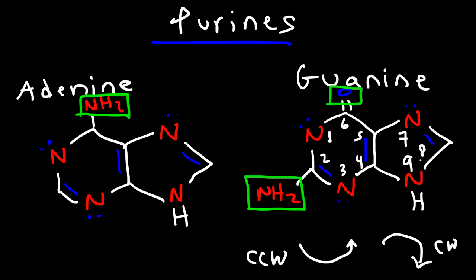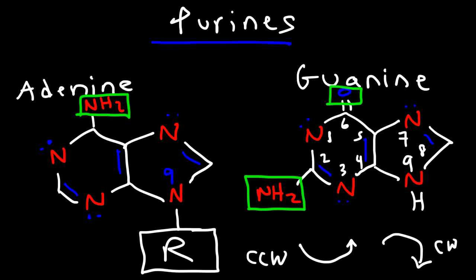Now, what you need to know with purines is that when you attach them to a ribose, they will be connected. Let me draw a ribose ring. I'm just going to draw a box to represent a ribose, just to keep it simple. But what I want you to take from this is that the ribose ring is attached to the nitrogenous base at position 9 when dealing with purines.